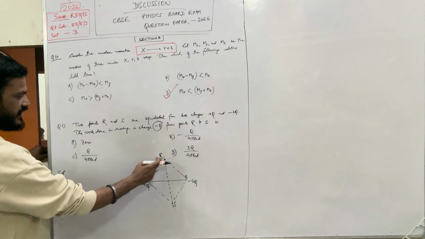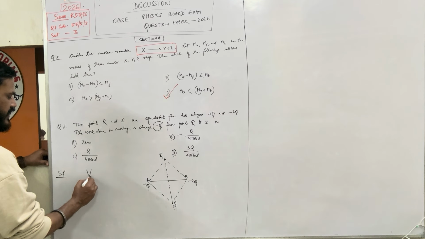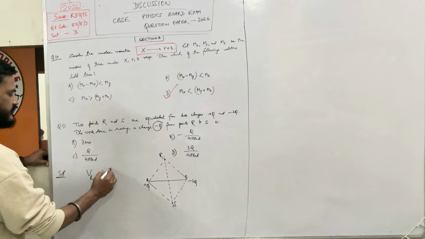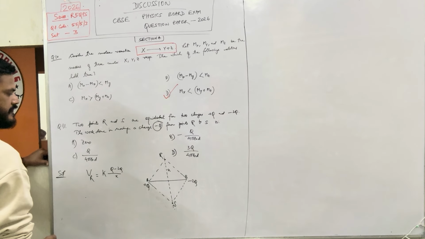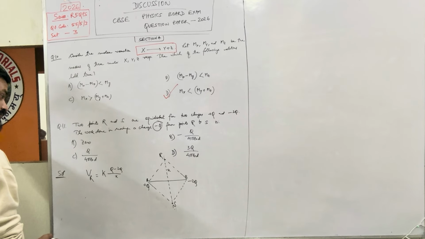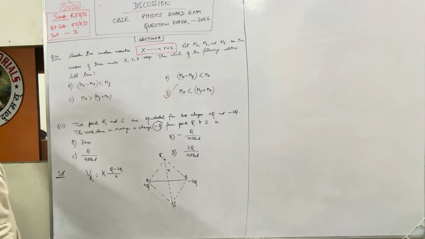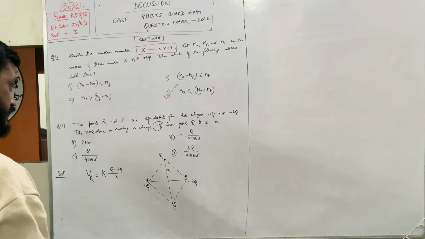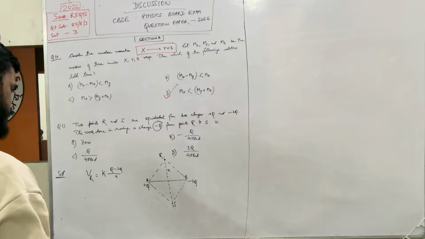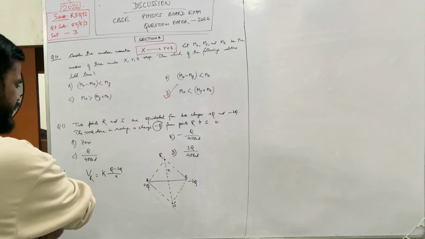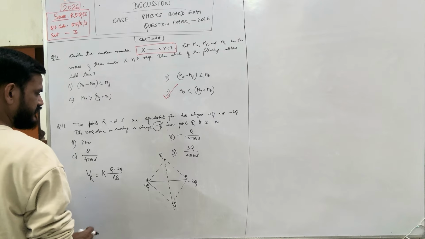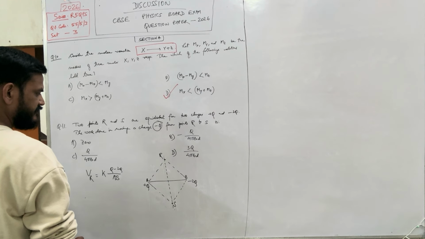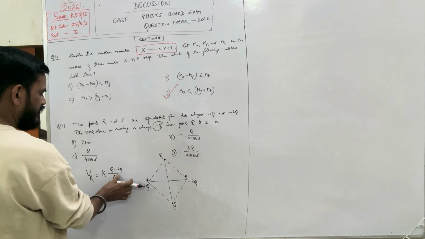Now the potential at R, V at R, will be K Q minus 2Q by, let this distance be AR, not AB.